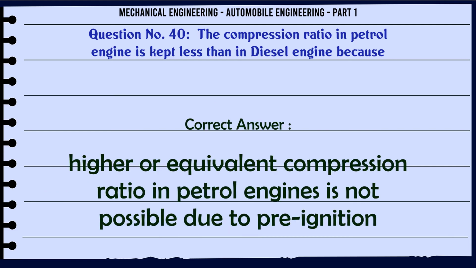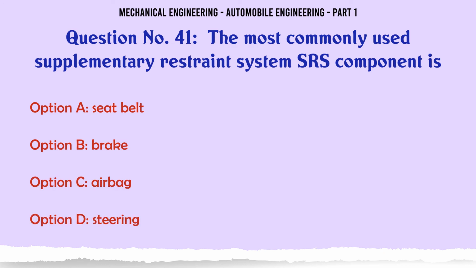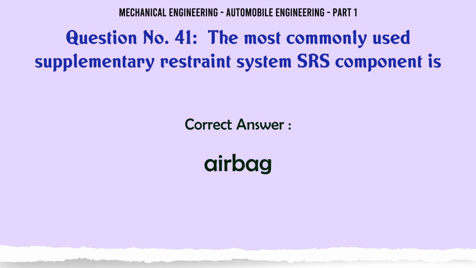The correct answer is higher or equivalent compression ratio in petrol engines is not possible due to pre-ignition. The most commonly used supplementary restraint system, SRS, component is: A. seat belt, B. brake, C. airbag, D. steering. The correct answer is airbag.